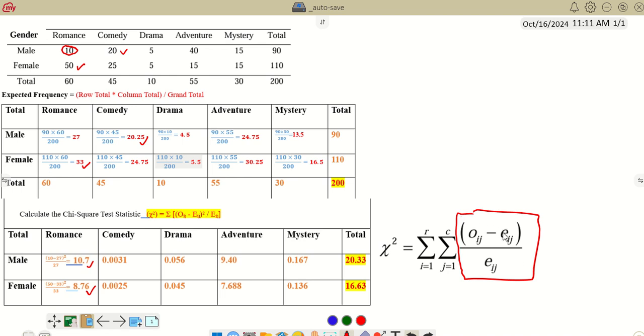So after getting this part of the formula, you could see that the summations are 2 here. So this formula is saying that sum all the rows. So let us sum all the rows. When we sum all the rows, it's going to be add this to this. We are adding all the rows.